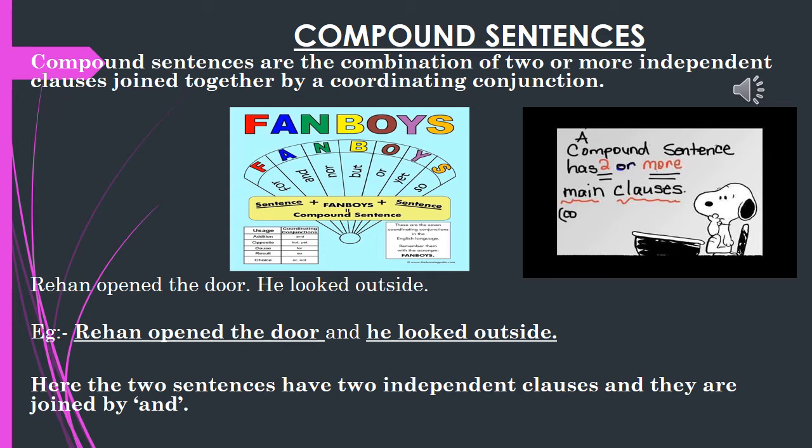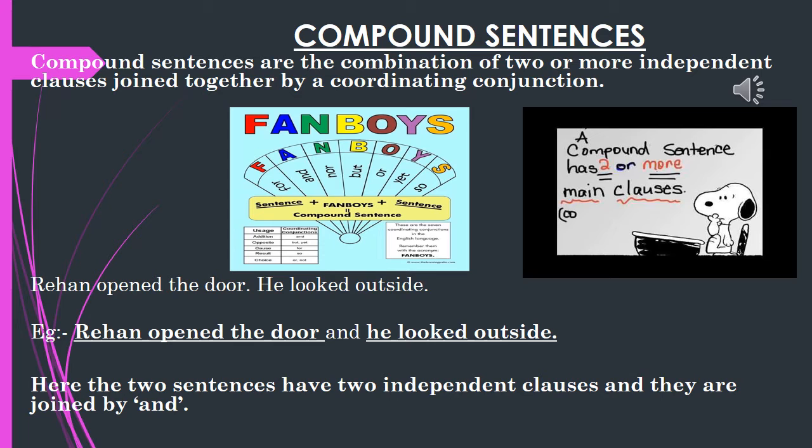It's an acronym given for these coordinating conjunctions which we commonly use for making compound sentences. F stands for for, A stands for and, N for nor, B for but, O for or, Y for yet, and S for so. So with these coordinating conjunctions we can make compound sentences.